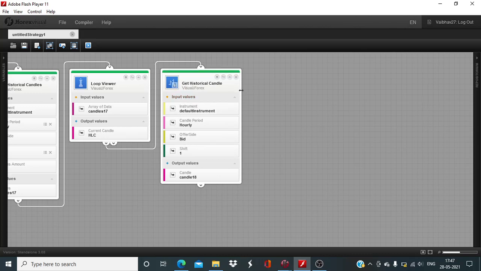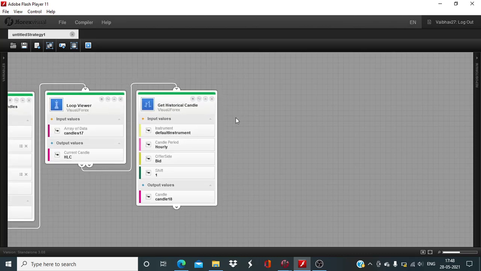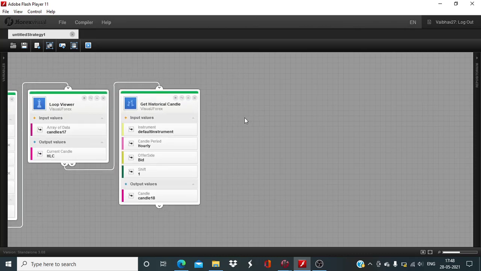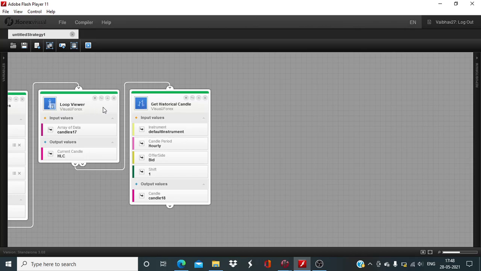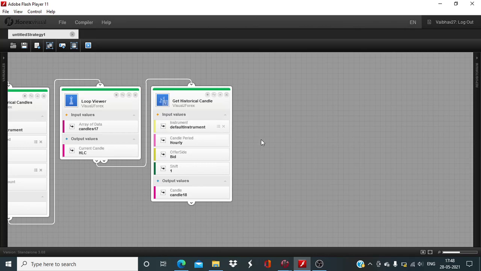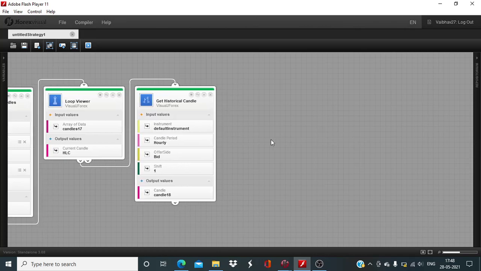We will utilize this block to look at the last hour's closing and opening value and take the difference of these closing and opening values and compare it to the minimum requirement.